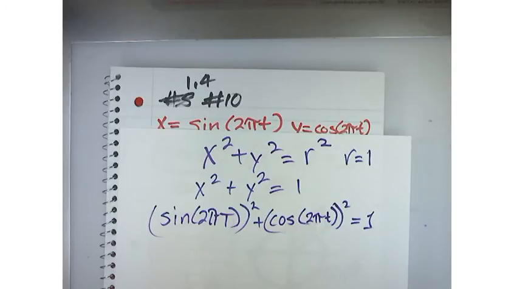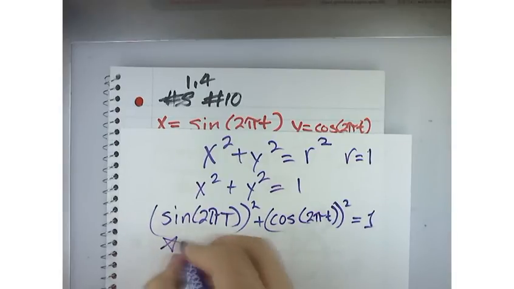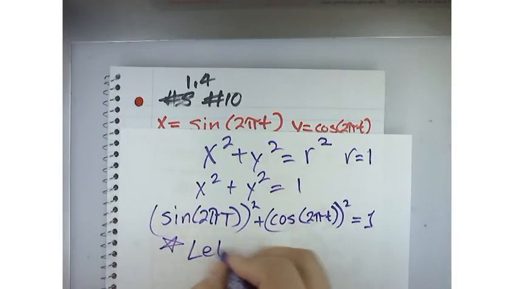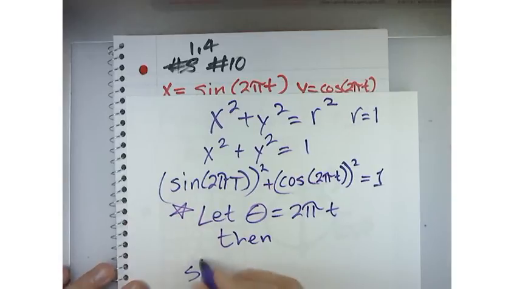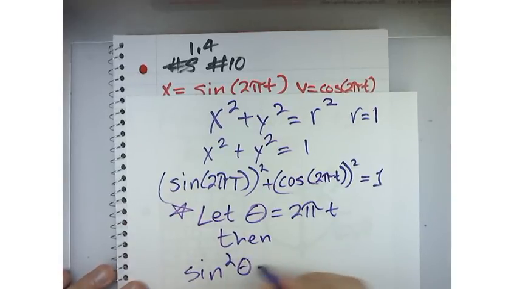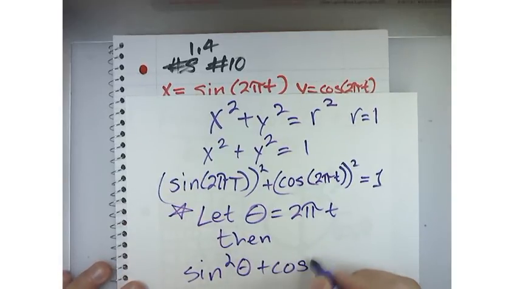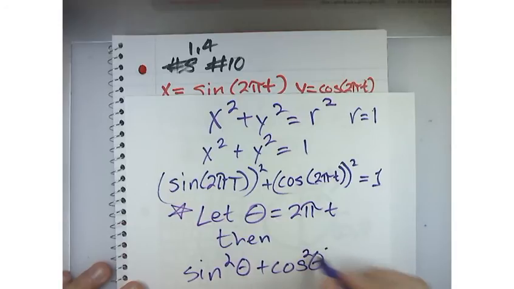And it does. That's the Pythagorean identity. Because if I let theta equal 2 pi t, then sine of theta squared plus cosine of theta squared does equal 1.